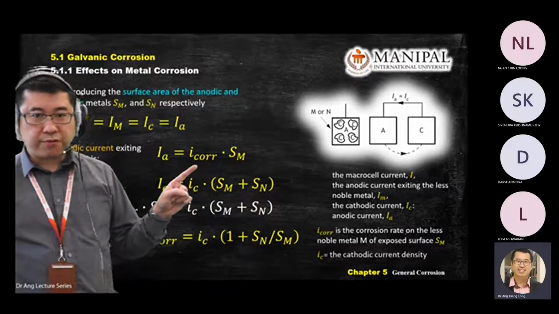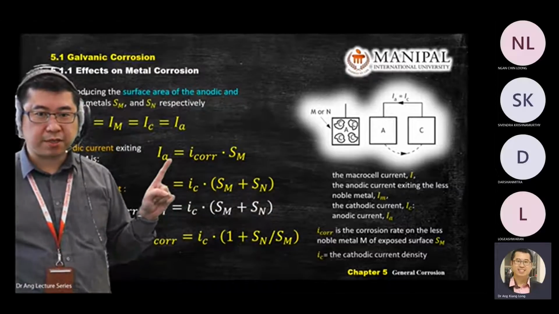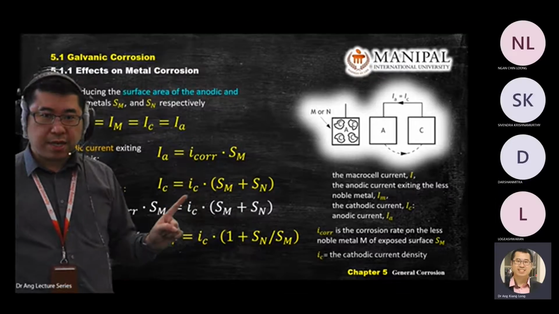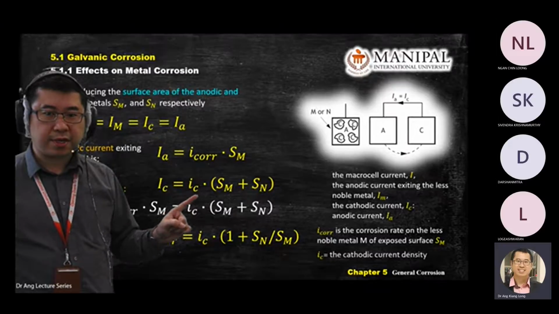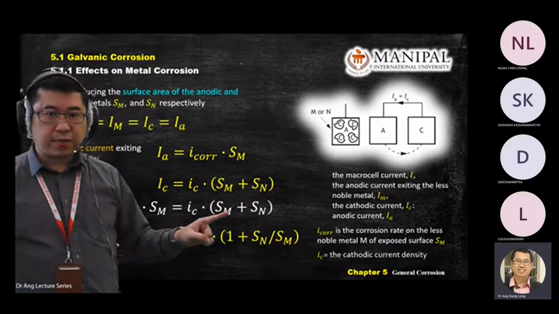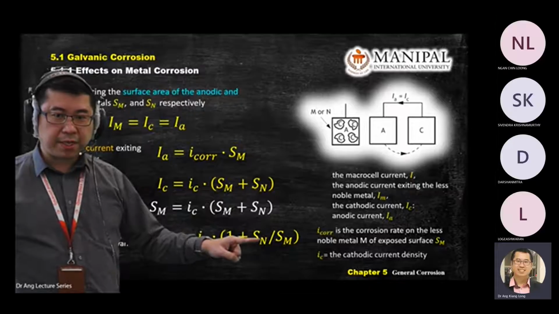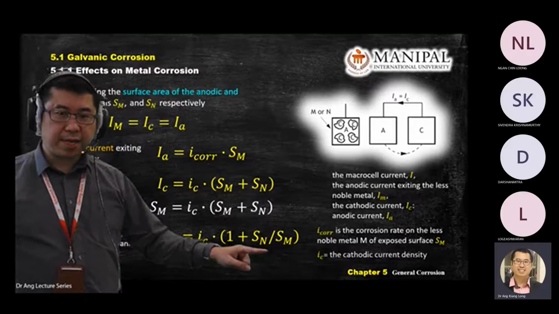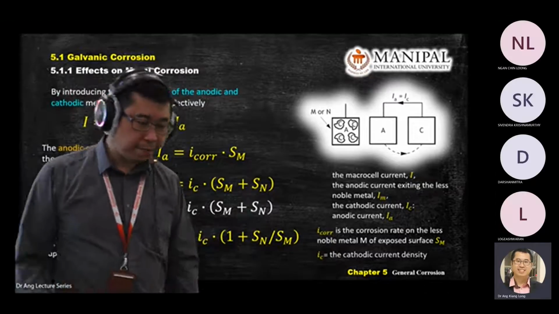Although both look similar, the meaning is different. CORR is the corrosion rate. IC is the current density for the cathode, the cathodic current density. And then you need the ratio between the higher nobility metal surface and the lower nobility surface, Sn divided by Sm. This one we covered previously.